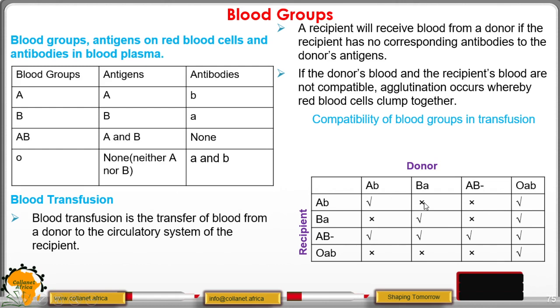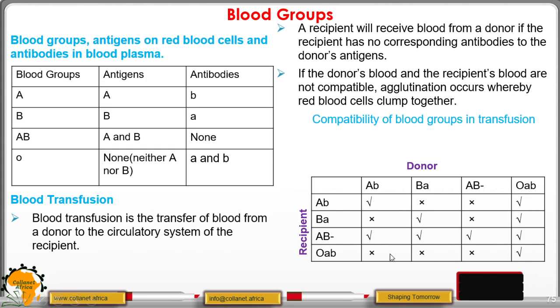But when we have crosses, that means this blood transfusion is not possible. This person is having blood group A, and the donor is blood group B. It is not going to be possible because agglutination will take place.